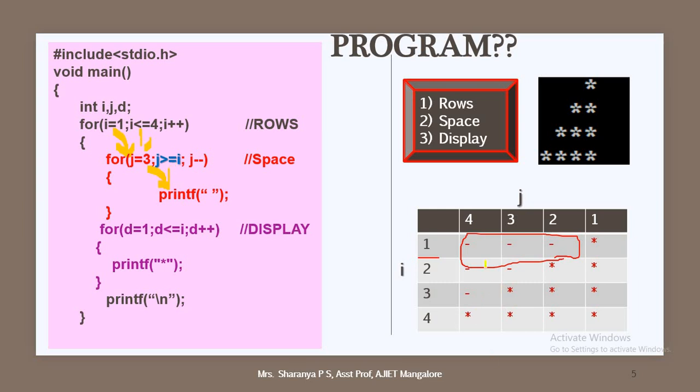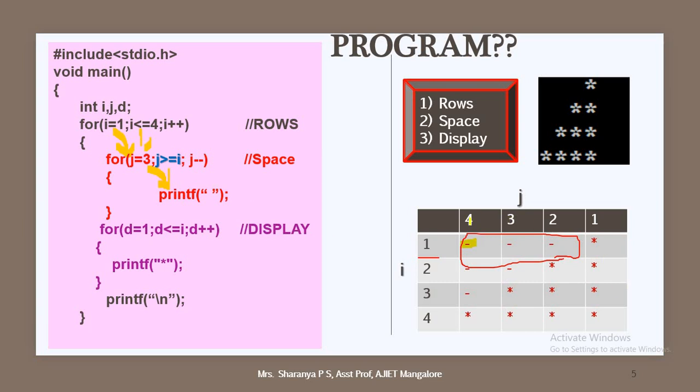Here it need not start with 4 itself, it will be beginning with 3, 2, 1 and 0 we can mention. So in the third location it will be printing this dash. J is equivalent to 3, 3 is greater than or equal to 1, condition is true, it has printed this first dash and next J is getting decremented.